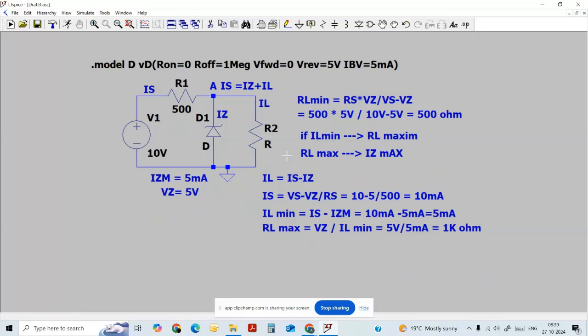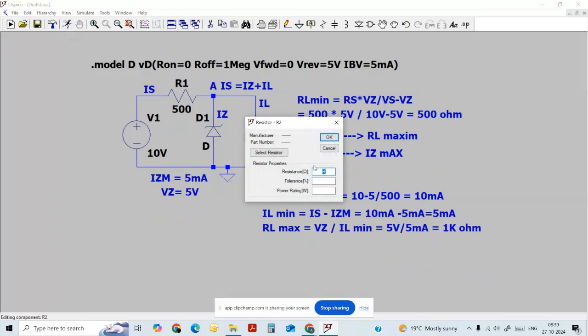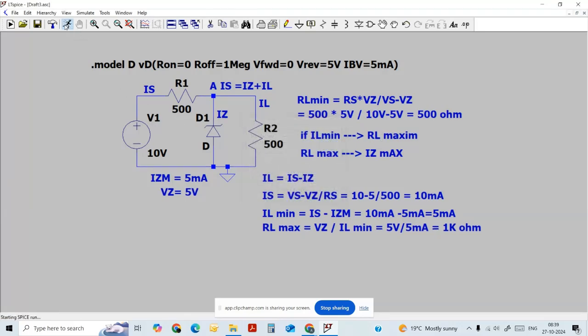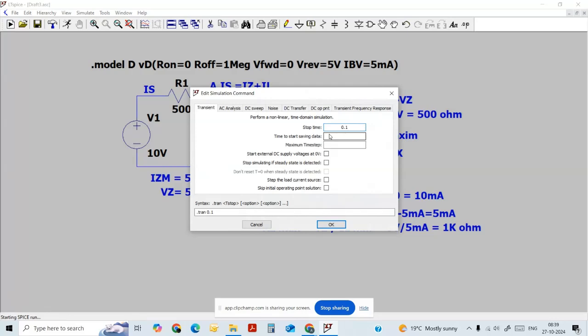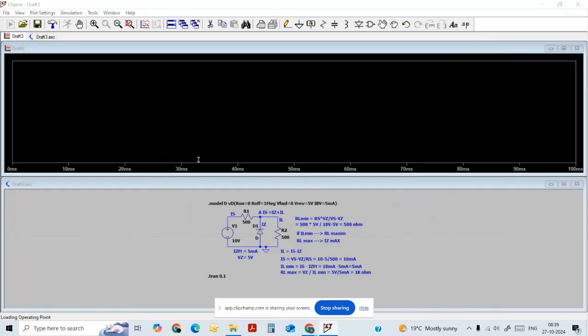From this we can conclude that if the load resistance lies between 500 ohm and 1 kilo ohm, the Zener diode properly acts as a voltage regulator. Let us verify through the simulator. I will apply the minimum resistance value first and run the simulation.